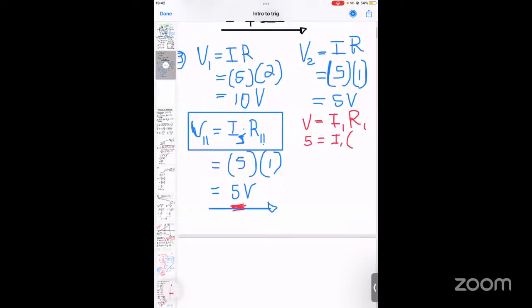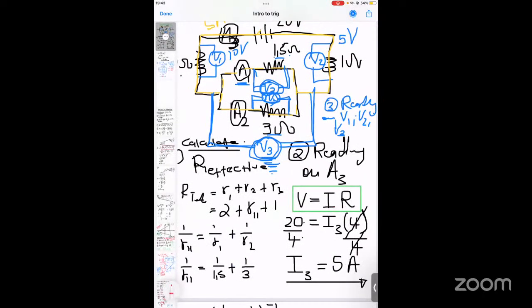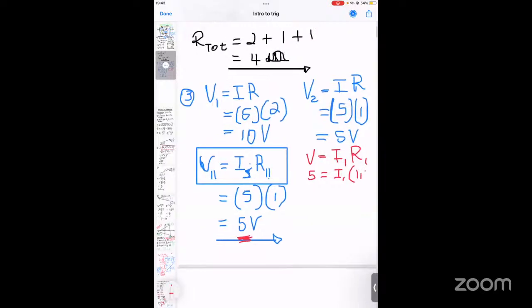What is the R on that side of ammeter number 1? R is 1.5. So you will divide both sides by 1.5 so that it cancels.